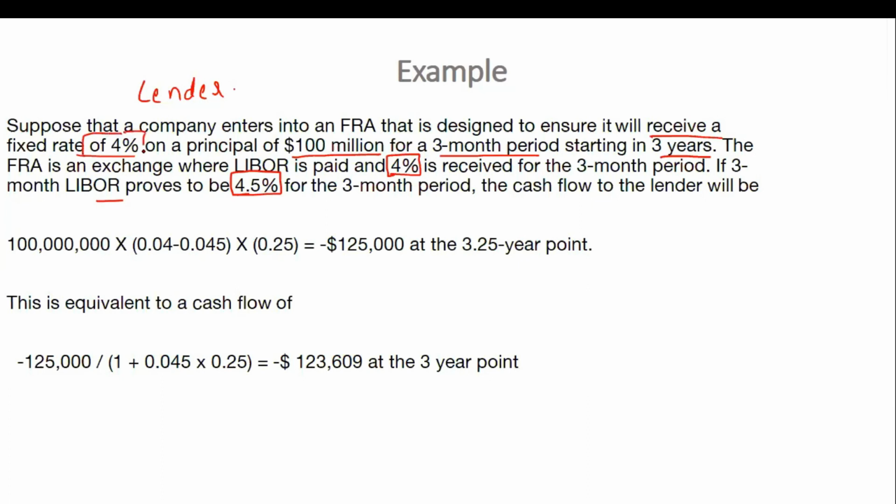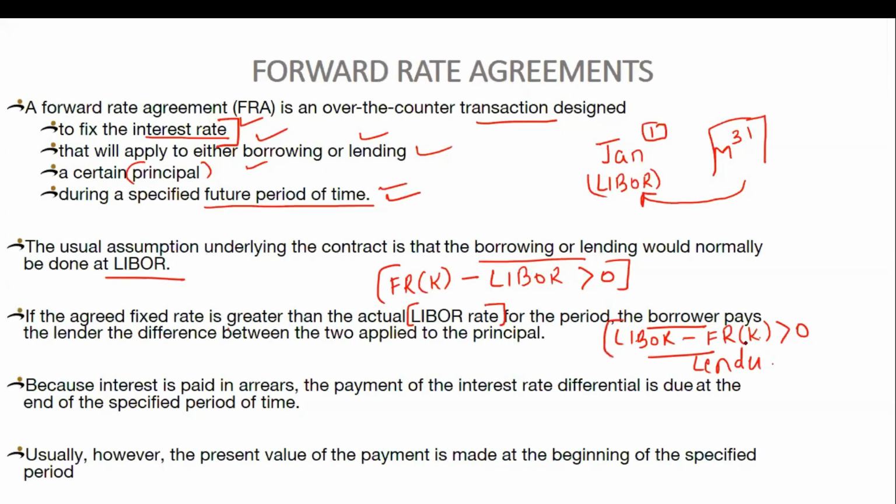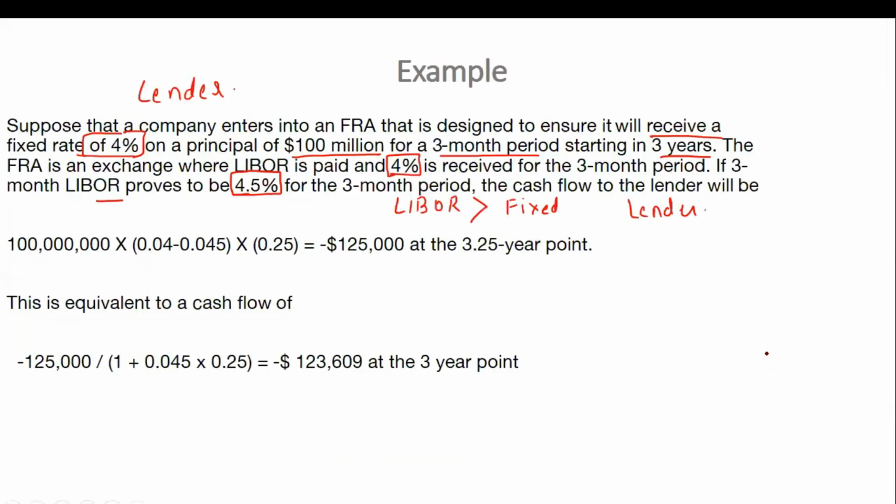The contract rate is 4%. So since LIBOR is more than your contract rate, the lender will be paying the borrower. Same logic as I explained: LIBOR is more than fixed rate, so the lender will be paying.